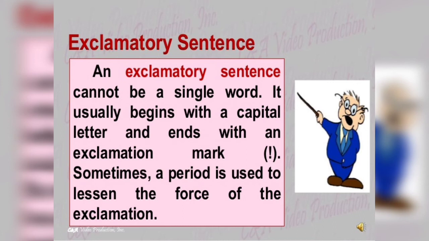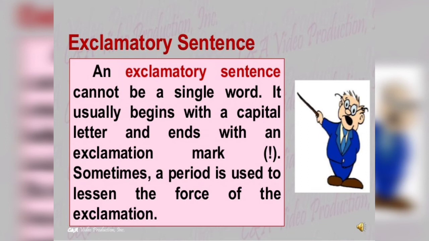Now try to understand this again. An exclamatory sentence cannot be a single word. It usually begins with a capital letter and ends with an exclamation mark. Sometimes a period is used to lessen the force of the exclamation mark. So you see here, it cannot be a single word.